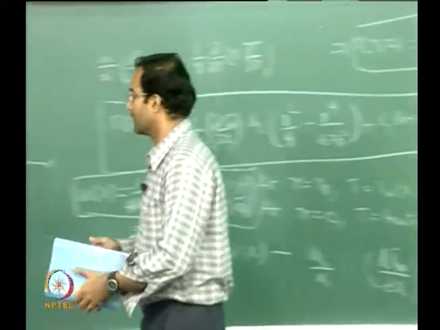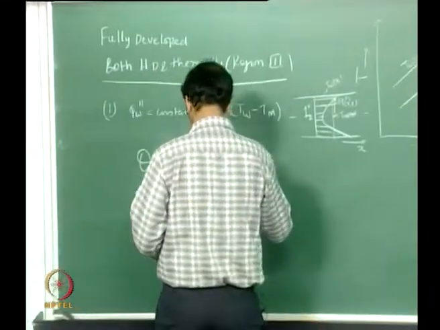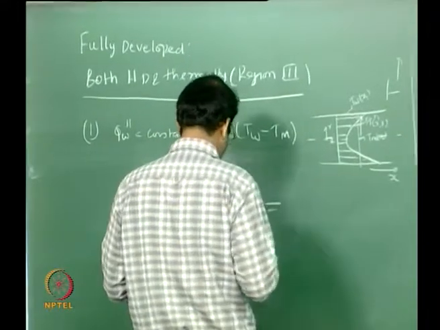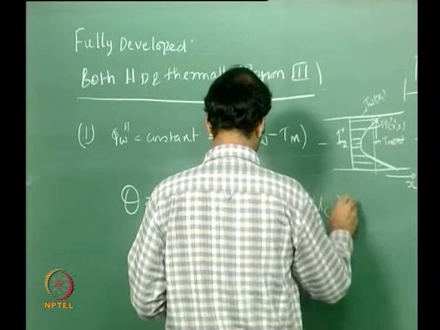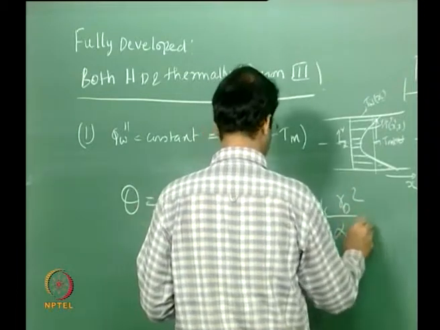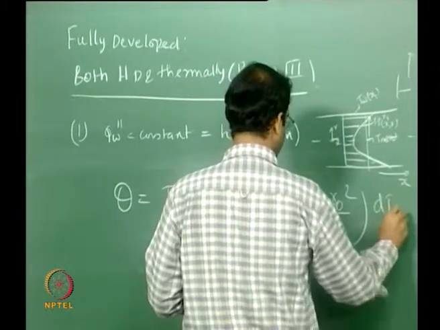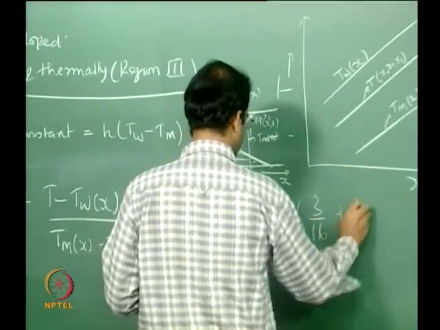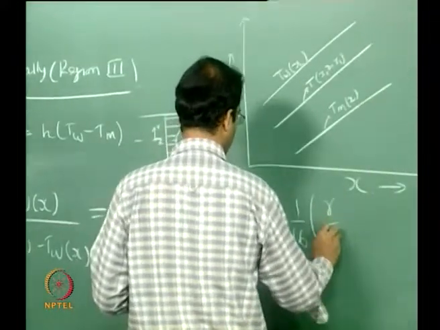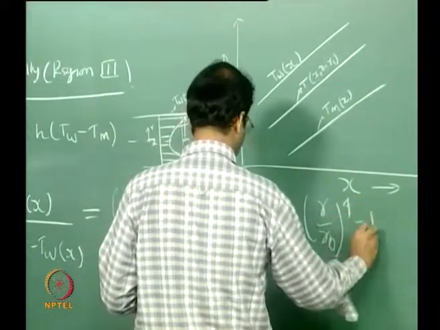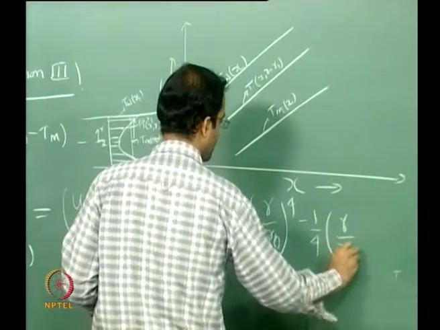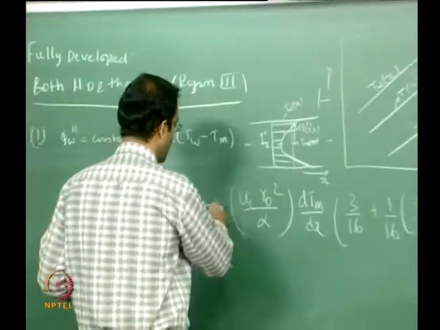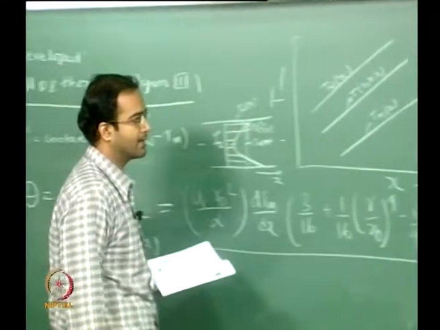If you just substitute those expressions, T minus T wall will be UC r naught square by alpha into dTm by dx into 3 by 16 plus 1 by 16 r by r naught to the power 4 minus 1 by 4 r by r naught square. That is basically T minus Tw. There is a minus sign, but in the numerator and denominator the minus sign cancels out.